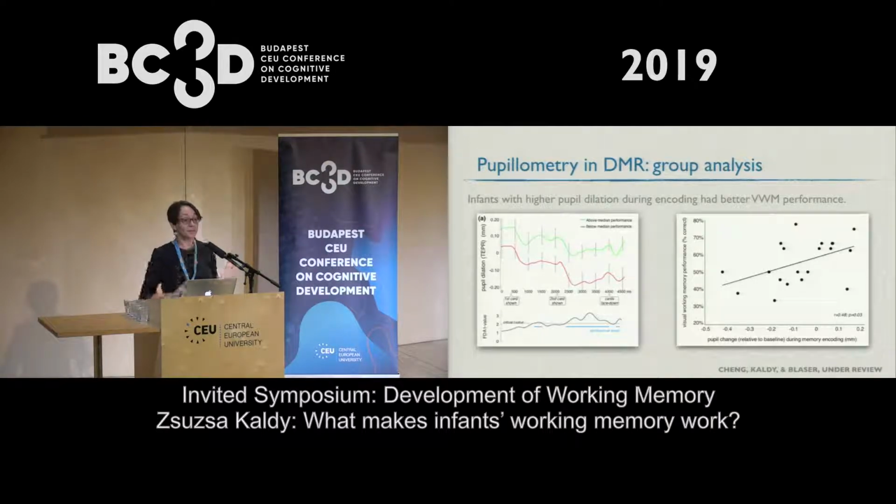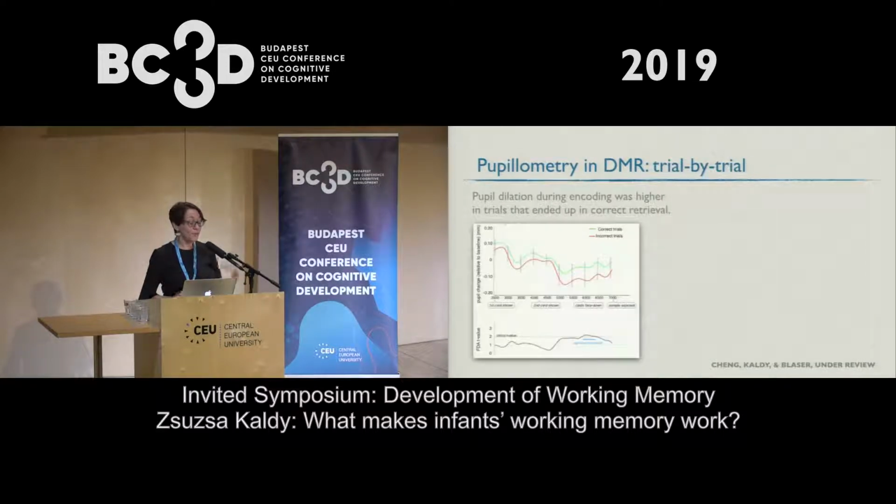And what you see, this is just the same data represented in a different format. There's a significant correlation between pupil change relative to baseline during this encoding period and the baby's performance.